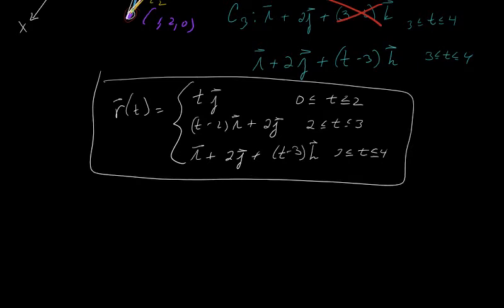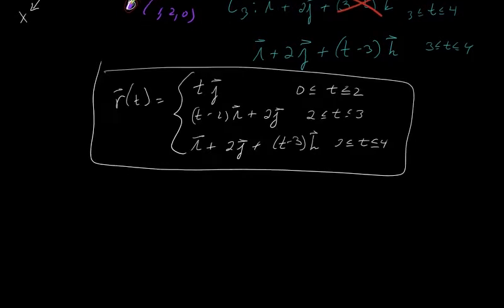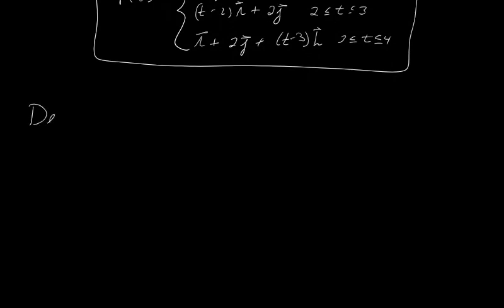Okay, and why do we need this? We need this so that we can perform our line integrals. So let me go ahead and give you the definition of the line integral just right out of the gate here. So, definition of the line integral.